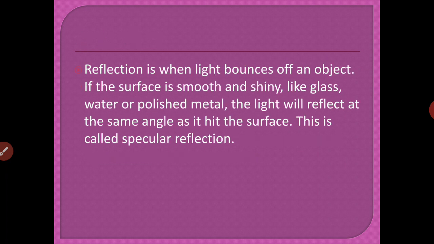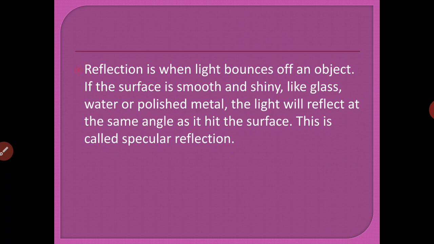Another definition is that reflection is when light bounces off an object. If the surface is smooth and shiny like glass, water, or polished metal, the light will reflect at the same angle as it hit the surface. This is called specular reflection.